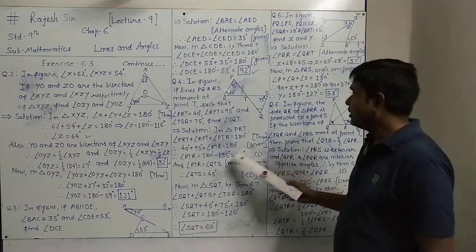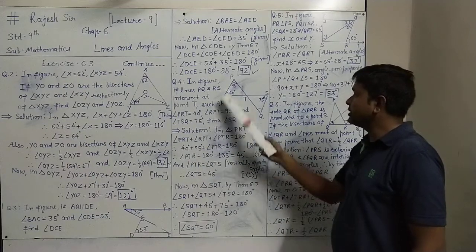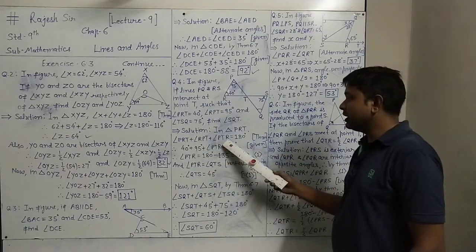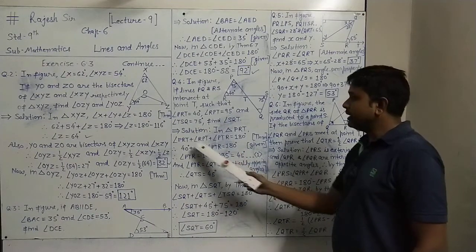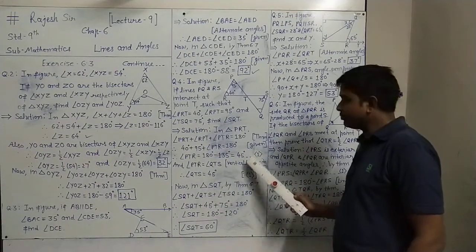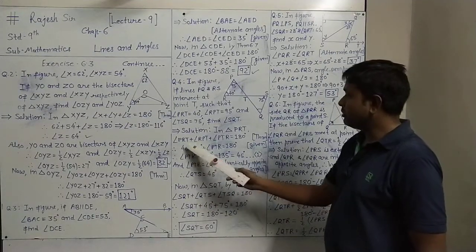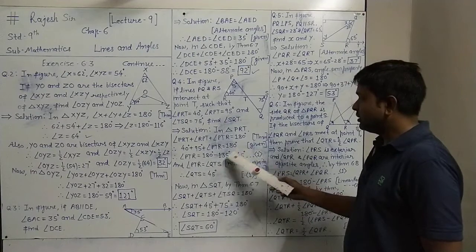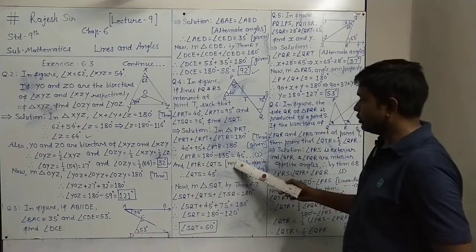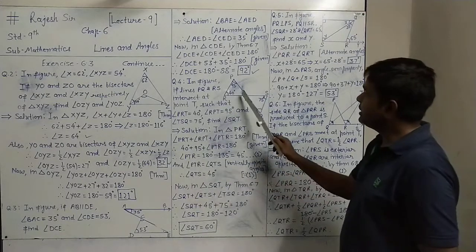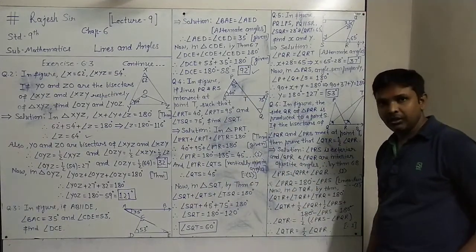Place all the values: PRT is 40 degrees given, plus RPT is 95 degrees given, plus angle PTR, which we are going to find, equals 180. So angle PTR equals 180 minus the sum of these two. 40 and 95 is 135, subtracted from 180 gives 45 degrees. So angle PTR, this angle, is 45 degrees, we will call it equation 1 or result 1.